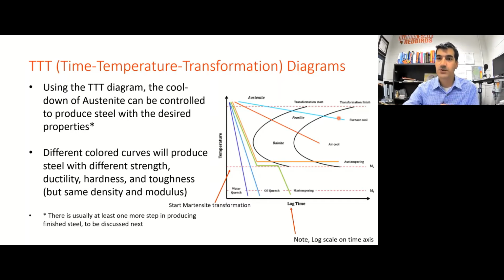Conversely, the quicker you cool it down, like these curves over here, the purple and dark blue and even the green curve, you're going to get more martensite and bainite. That's going to make for a material that is stronger and harder, but also more brittle and not as tough. Nothing about this is going to change the density of the material or the elastic modulus of the material.